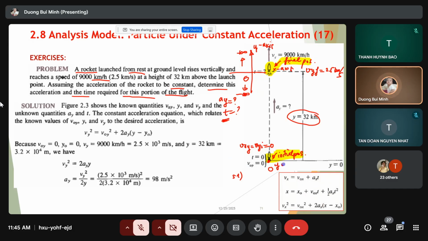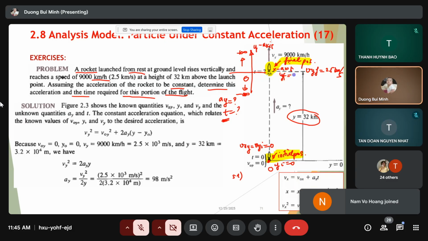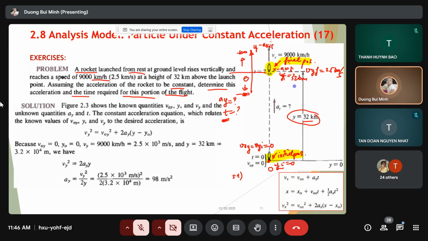At the beginning yi is 0, and at the final position yf is 32 kilometers. So we know yi, yf, vyi, vyf.